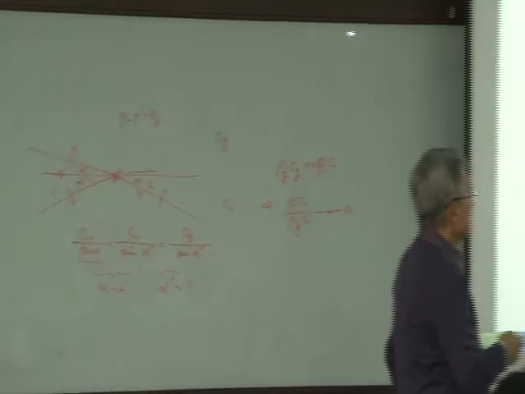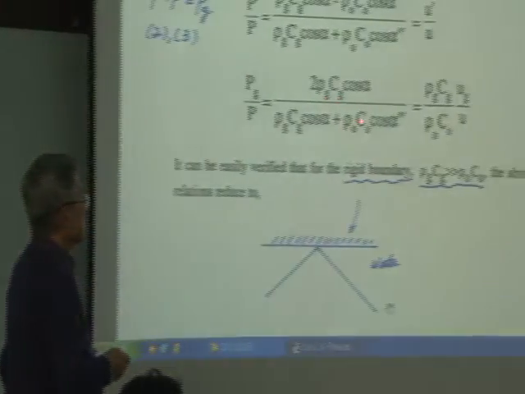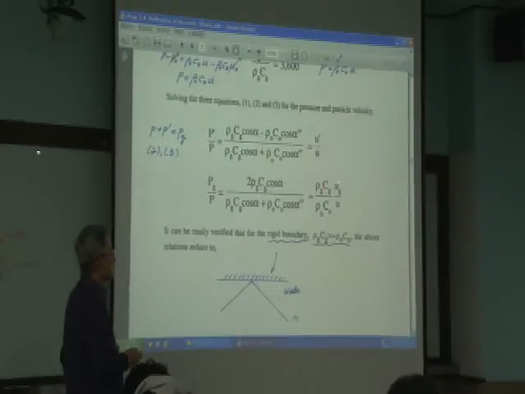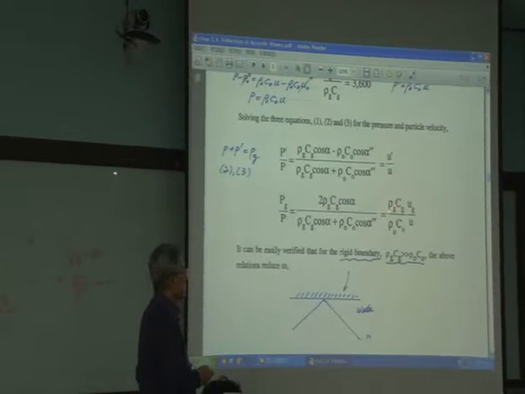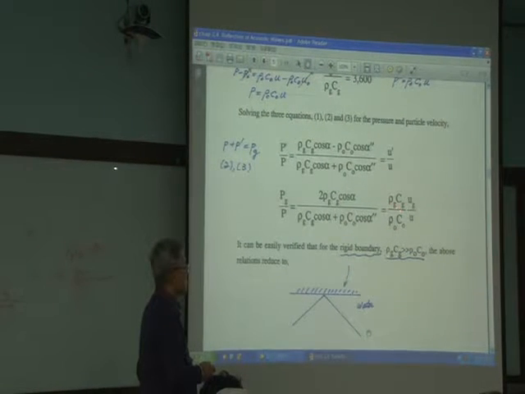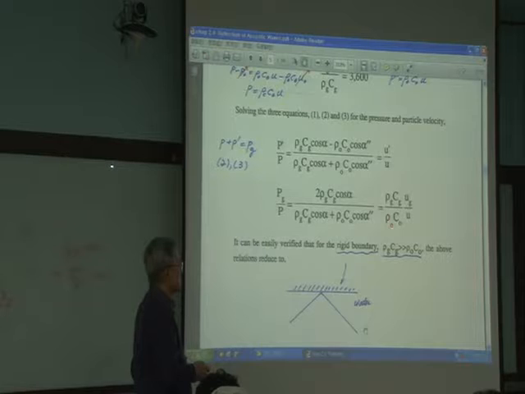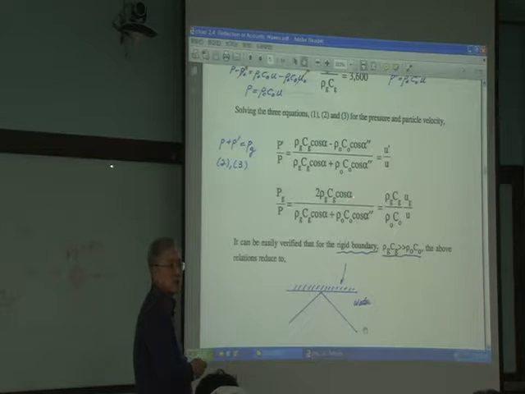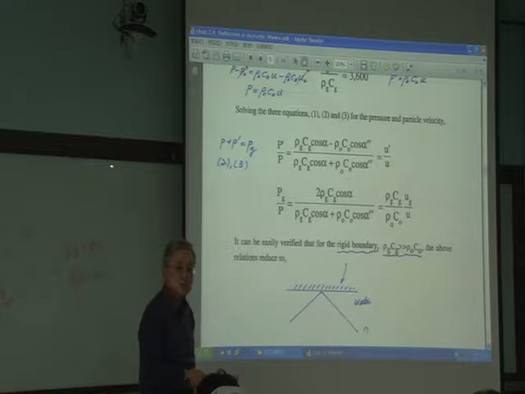So this 2 is equal to this term here. I'm going to move this term, rho g Cg over rho naught C naught, here. Then what happened? That's equal to 0. So which means ug is equal to 0. What's ug?